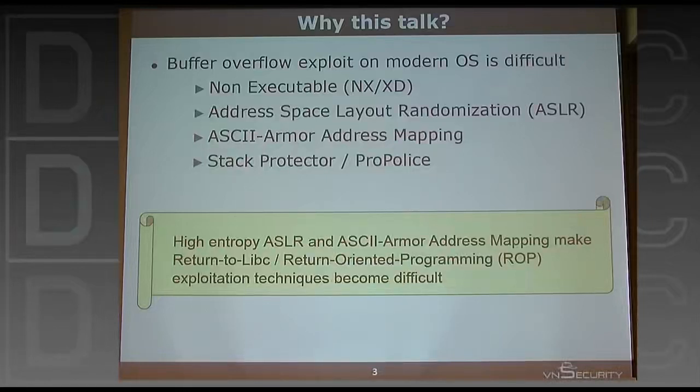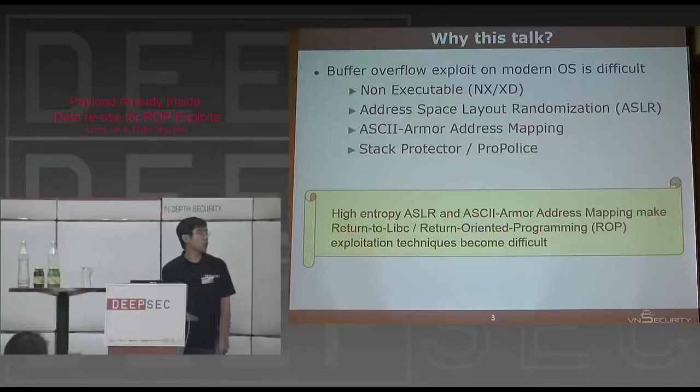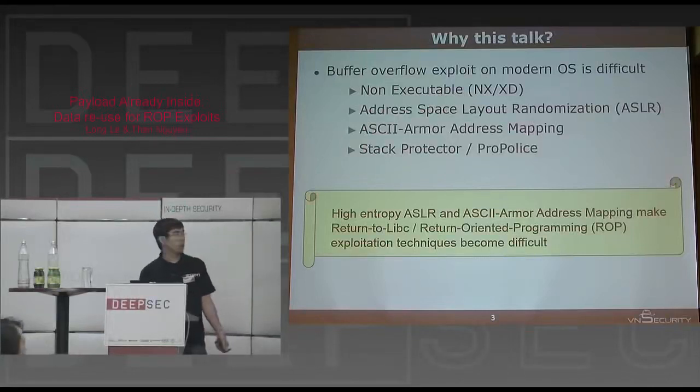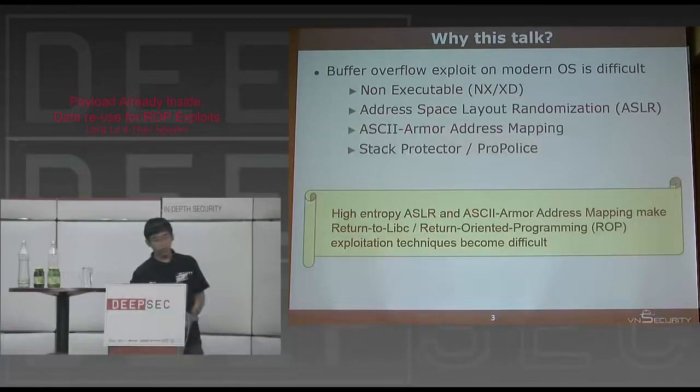So why is the talk on this? The thing is that most modern operating systems nowadays have a lot of different protections against security vulnerabilities. You can see there is non-executable memory with NX, address space layout randomization, ASCII armor address mapping, stack protector and other compilation protections.